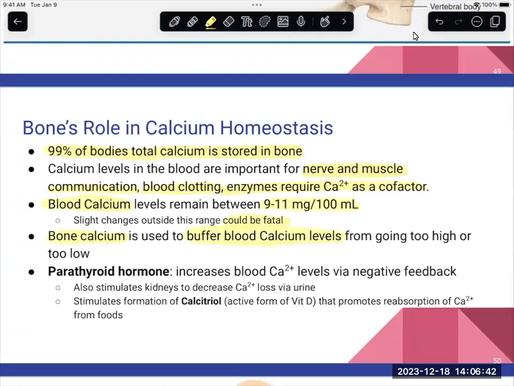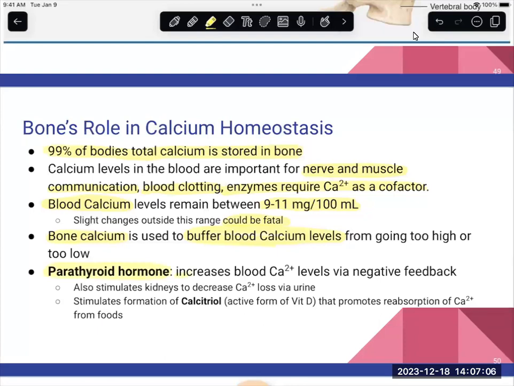If your calcium levels get too high in your blood, it's stored in your bones. If calcium gets too low, we take it from our bones. And one way to do that is through hormones. Parathyroid hormone is monitoring. The parathyroid gland, one of our endocrine glands, is helping to monitor your blood calcium levels.